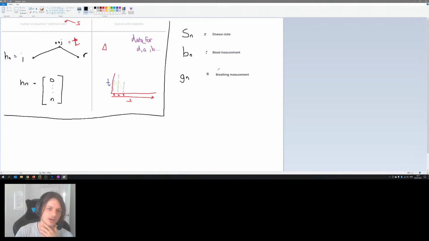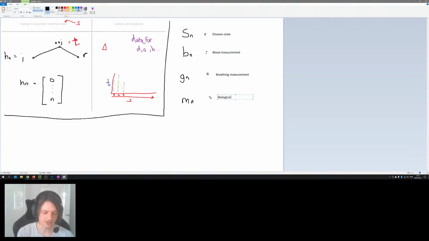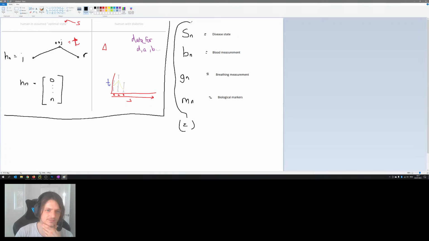You know, these are all abstract thoughts at the moment, obviously. And then we'd have biological markers, let's say that, things like that. Biological markers. Now, let's say that there is Z of these.